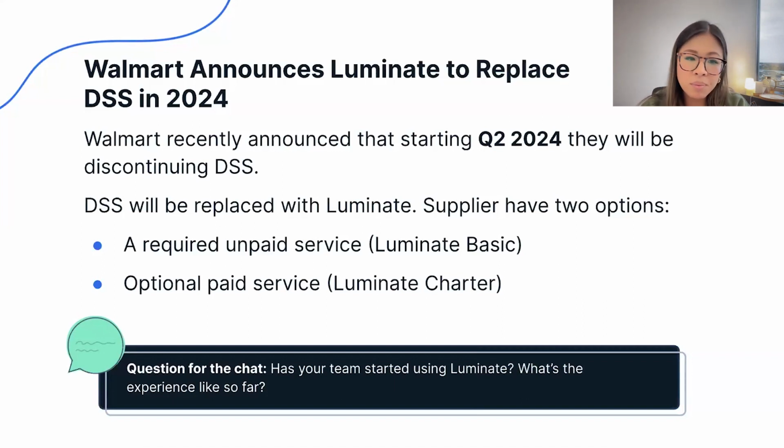And then there's also going to be an optional paid service called Luminate Charter. For this one, if you have done business with Sam's Club, it's a similar concept to what they did with Madrid. Thankfully, there is still a free option on the Walmart side with Basic, but essentially everyone is trying to move suppliers towards Luminate Charter. And again, we'll show you the different data aspects that they have there.